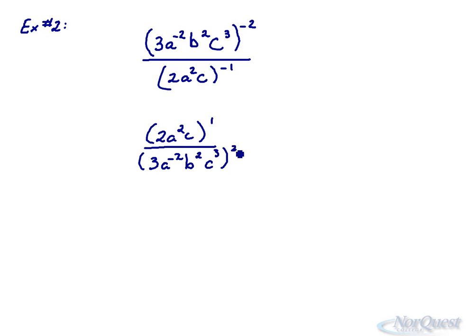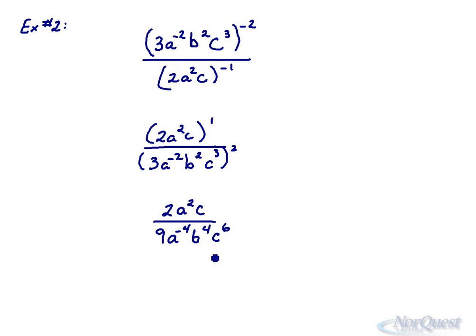I will take away quite a few of the negative exponents that would have come from using power of a power. Now I'm going to simplify this again. Write this as basically 2a squared c, because anything to the power 1 is itself, over 3 squared gives you 9. A to the negative 2 to the power 2 means multiply to give you a to the negative 4. B to the 4, and C to the 6.